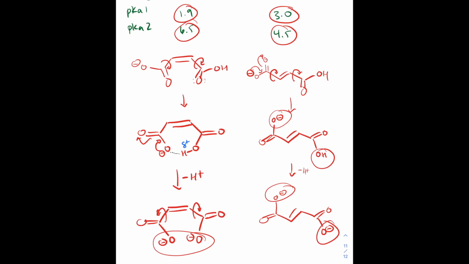However, when these ones rotate in this particular conformation, the negative charges are kind of bumping into one another, and remember, negative charges repel one another, and so this one's technically higher energy and therefore less stable, so the conjugate base is less stable, and therefore it is a weaker acid to begin with, and so that's why we get that difference in pKa.